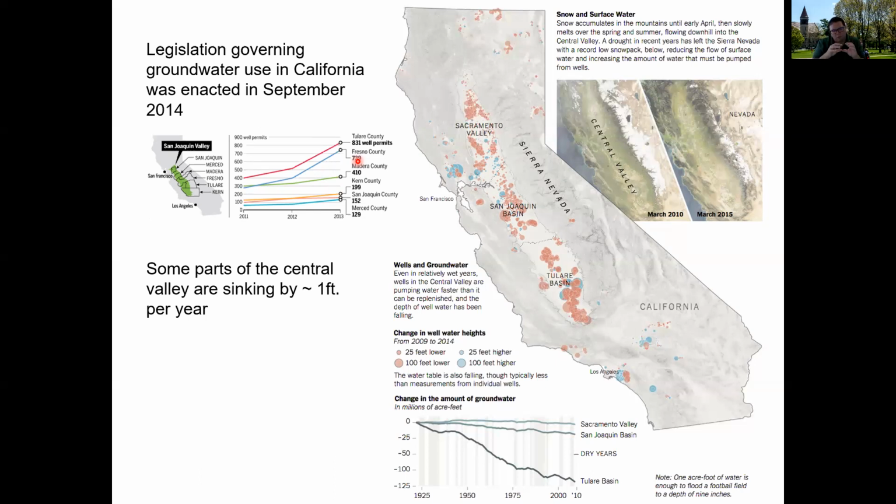Over periods of time, when that water is gone, the weight of the rock itself causes the sediments to compress or compact, and that compaction doesn't just cause sinking of the sediments as we observe from the surface, where the land is sinking and sinking. It also reduces that pore space permanently.